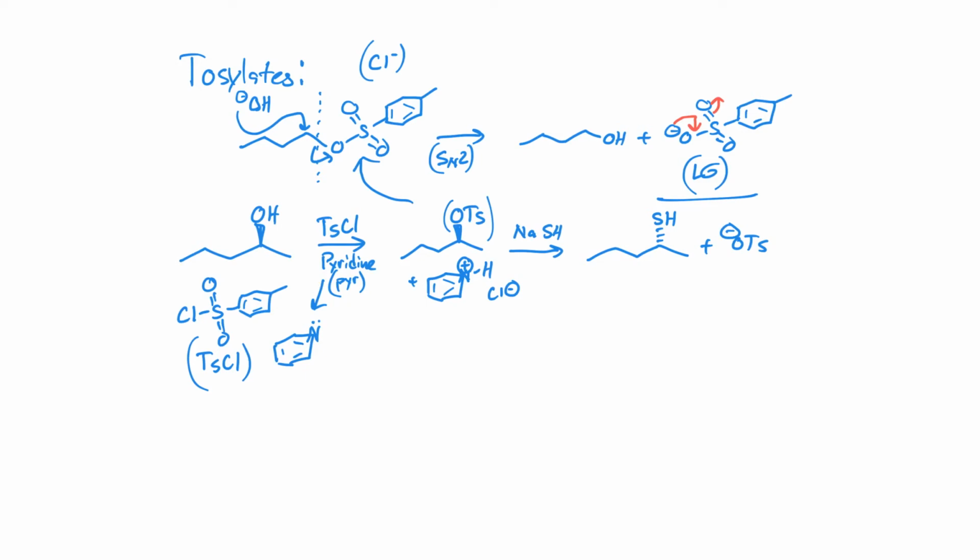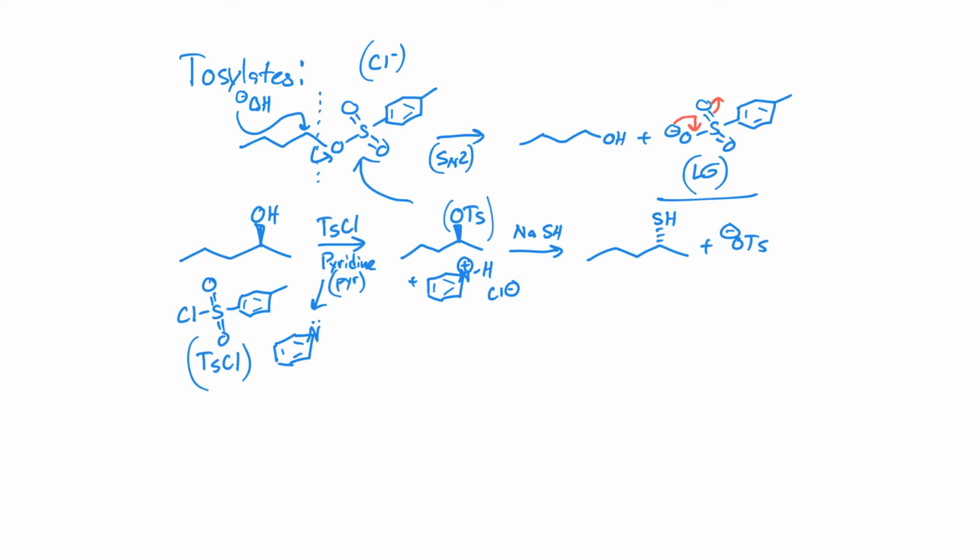The pyridine there is there to soak up the HCl, because otherwise there might be something on this side of the molecule that is sensitive to acid, and I don't want it to experience the acidic environment I've created by making this tosylate. So we use the sacrificial base to soak up the HCl. This we can just wash away or separate out, and the strong acid does not interfere with the rest of our reaction.